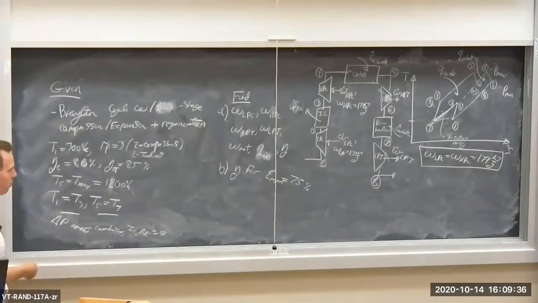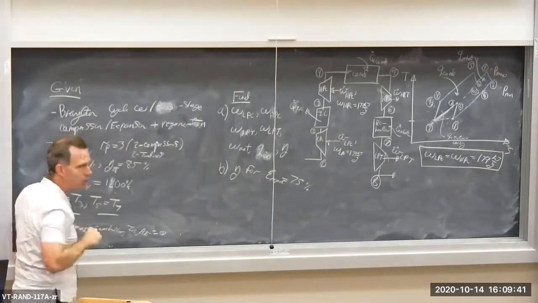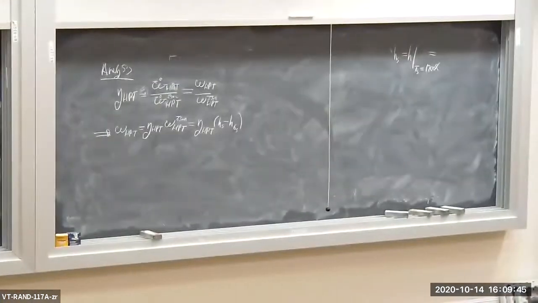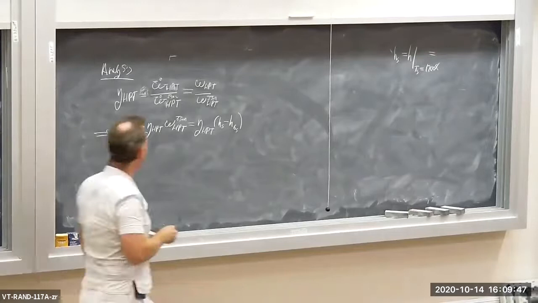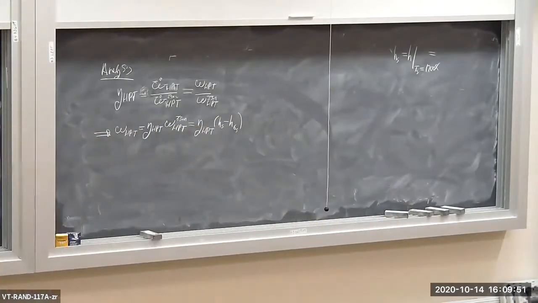And by the way, before we get too excited here, remember these turbines and compressors, each individually has a pressure ratio of 3. Just a reminder here, because we're going to use that in a moment. Okay, so I know H5. Let me get H5 here, evaluated at 1200 degrees.